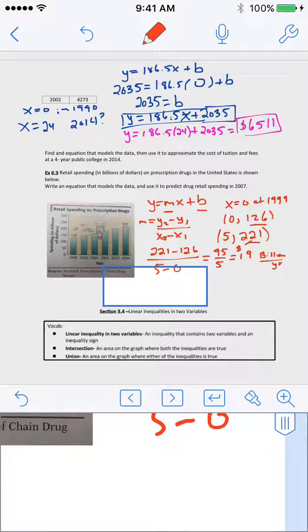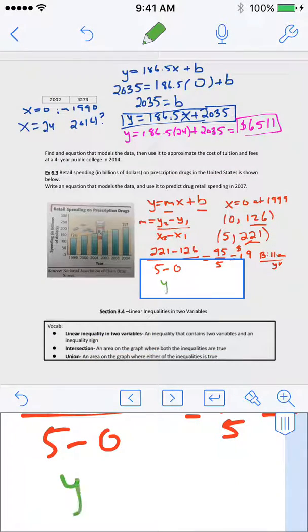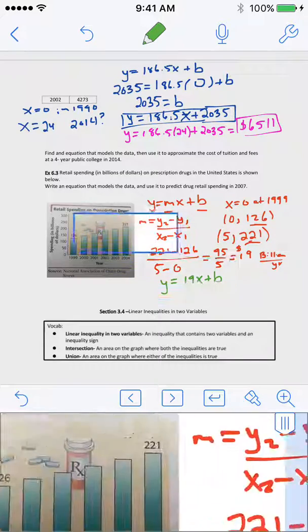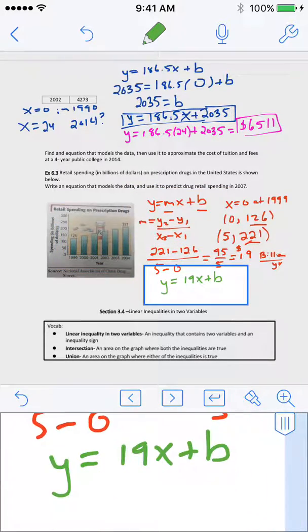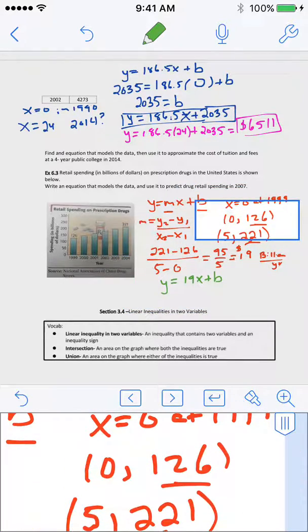All right, so far we have y is equal to 19x plus some b. Now we could pick any of these points for b, but remember, what is b? B is the y-intercept, the corresponding y value for the y-intercept. Do you see this y-intercept on the page? You're right, it's right over there. That's our y-intercept, 0, comma something.